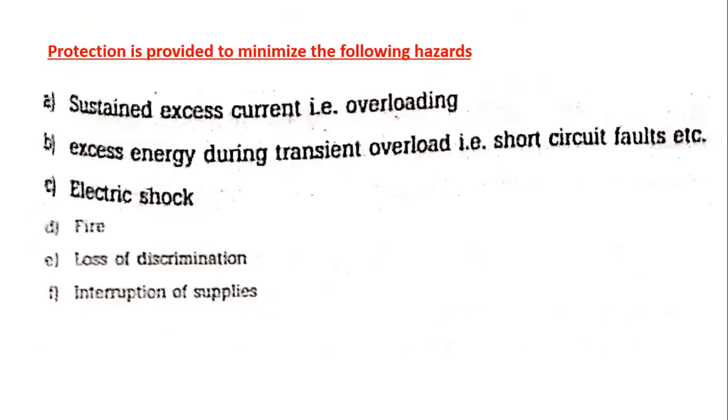Understand? Next, coming to the protection, it is provided to minimize the following hazards. Why are we giving the protections? Protection is provided to minimize the following hazards. When we are giving protection to the distribution systems, what do we protect against? The first is sustained excessive currents, that is, overloading.